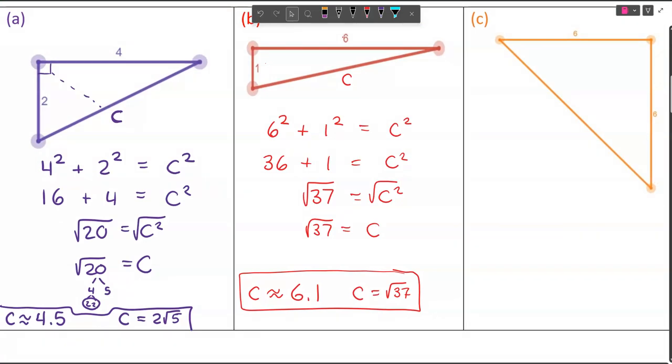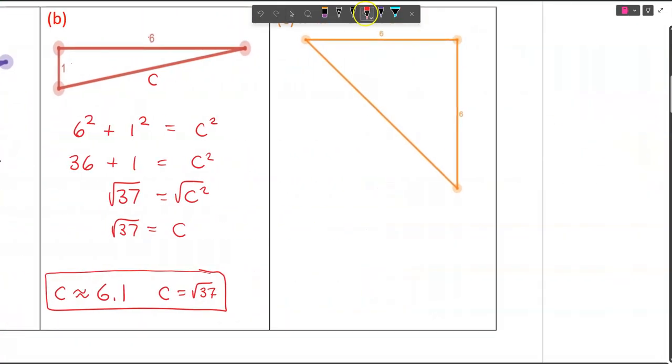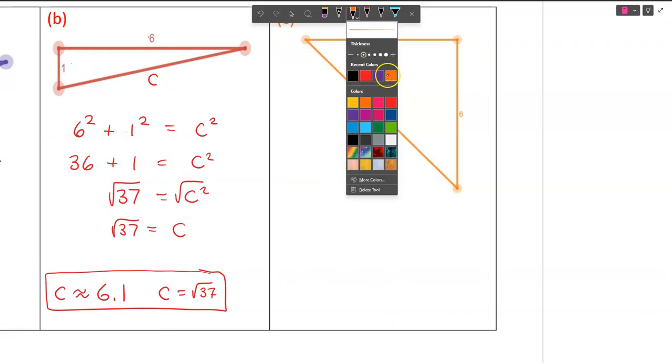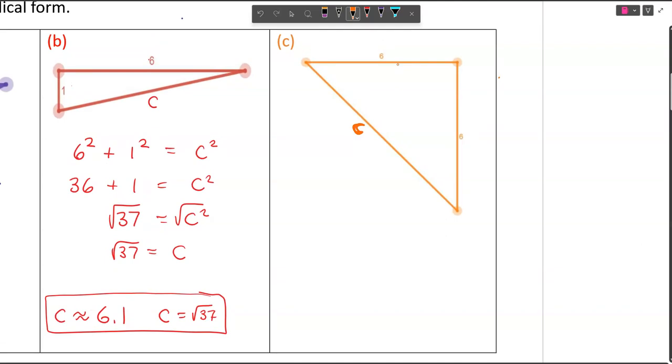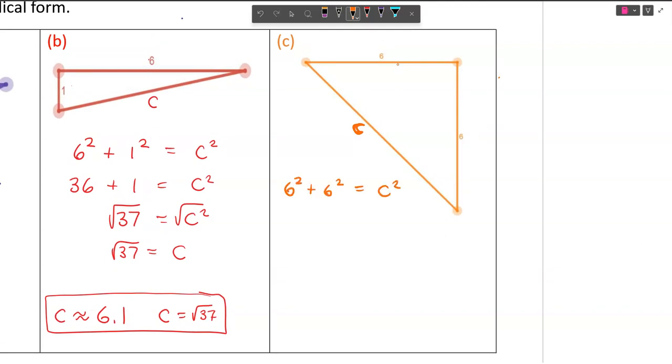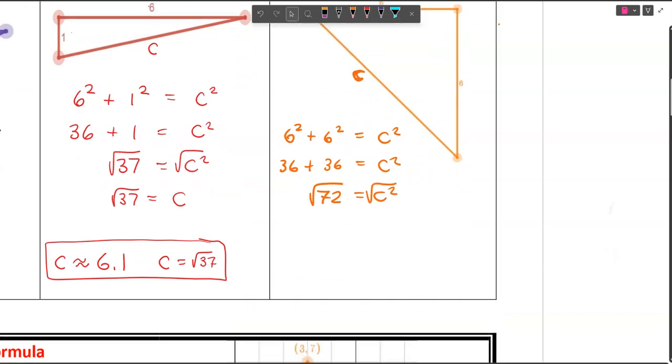One more Pythagorean theorem for us to check out, and that's the one here in orange. If we look at this one, once again, we are trying to find the c value here. So we're going to do 6 squared plus 6 squared equals c squared. 36, 36, that's 72. Take the square root of both sides.